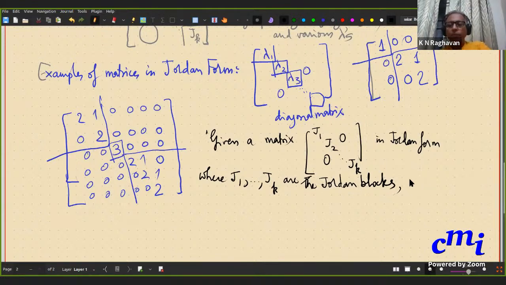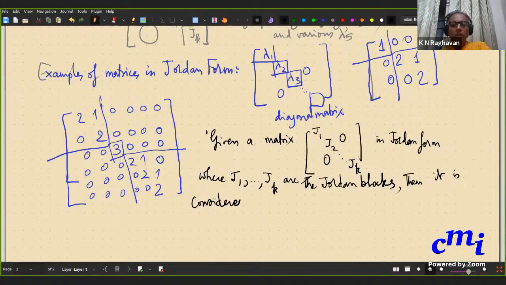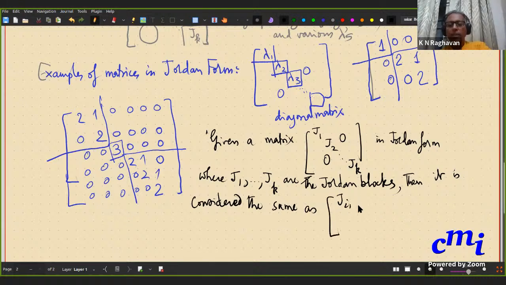then it is considered the same as if I permute the blocks. If I take this and put Ji1, Ji2, Jik. That is, let's say there are 3 of them, J1, J2, J3, instead of taking that order, I put J3, J2, J1.